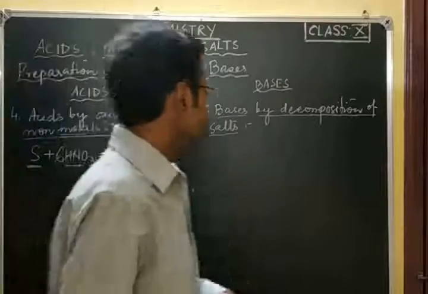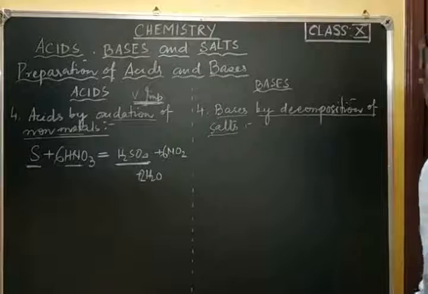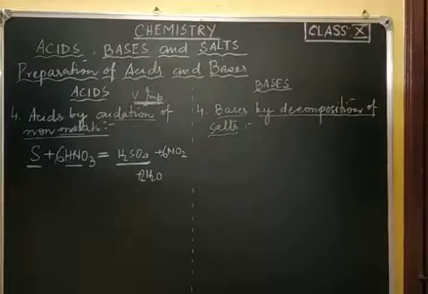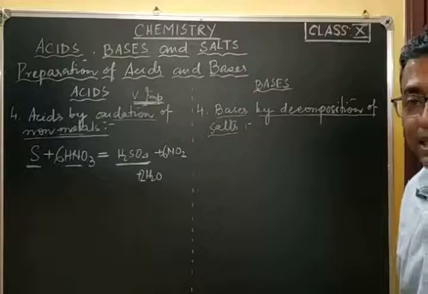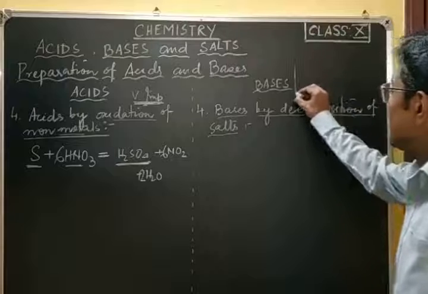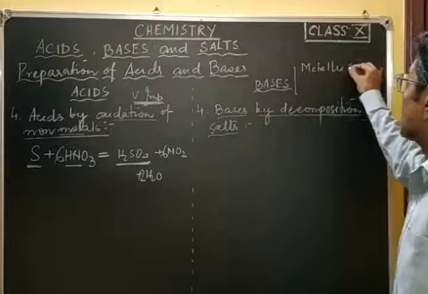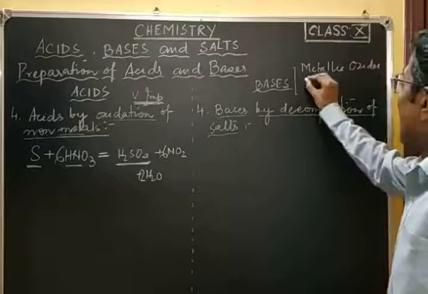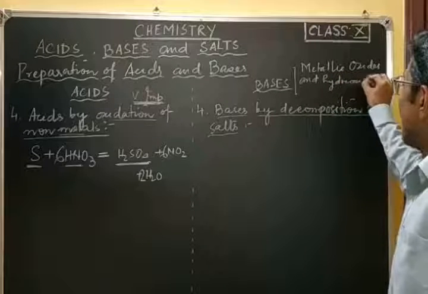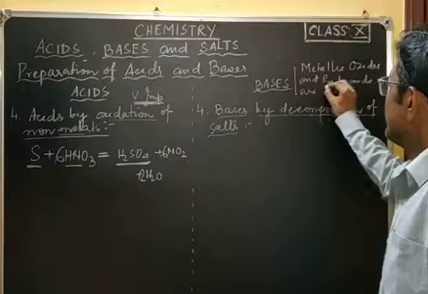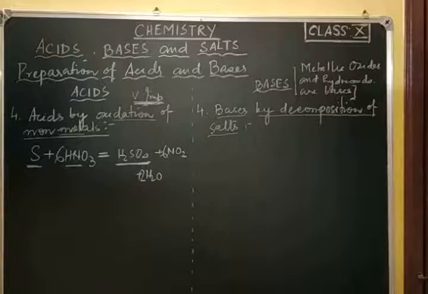Now see, by decomposition of salt, here we can obtain not the base, I am telling you, the basic oxides. Remember, metallic oxides and hydroxides are called bases. So how can we obtain the basic oxides here?